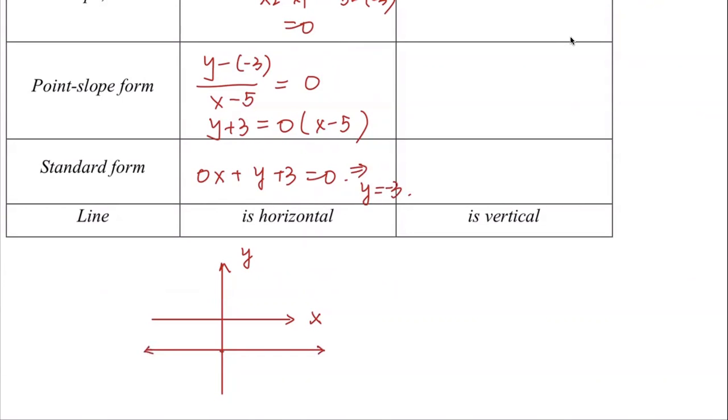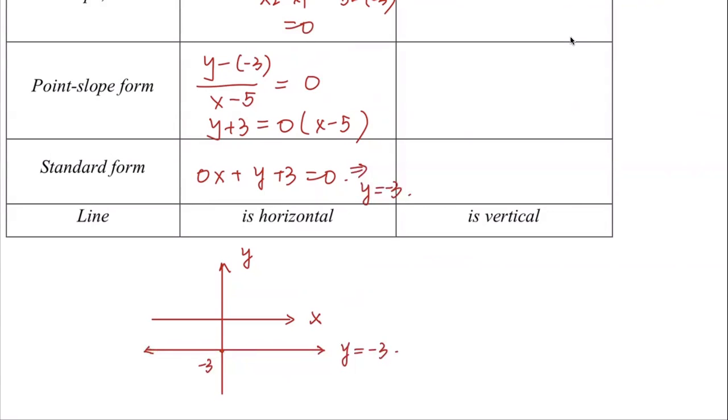Okay, this is minus 3. So this straight line is y is equal to minus 3. So all the points on this straight line have the same y coordinate, which is minus 3. But all the points on the straight line have different x coordinates.